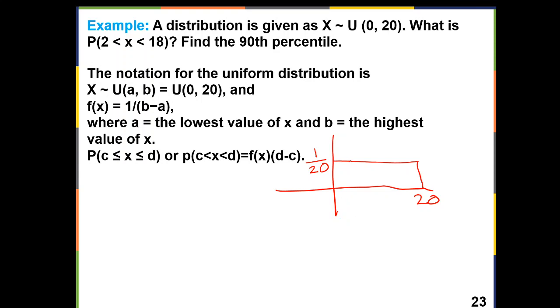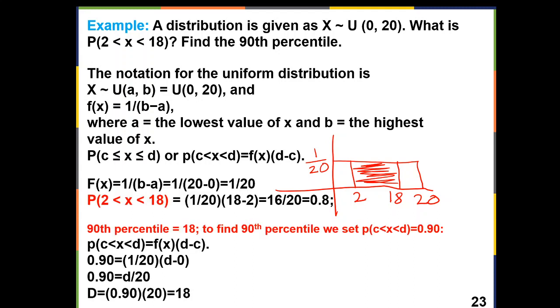Well, let's say 2 is here and 18 is here, right? So what's that area? Well, that's easy. That's 1 over 20 times 18 minus 2. So it's 1 over 20 times 16, so it's 16 over 20, which is about 0.8.